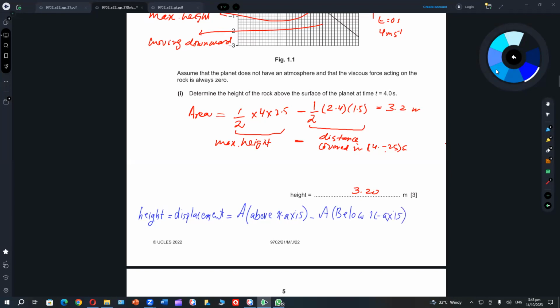I have written the rule also. Then simplify this question and see what answer comes out.